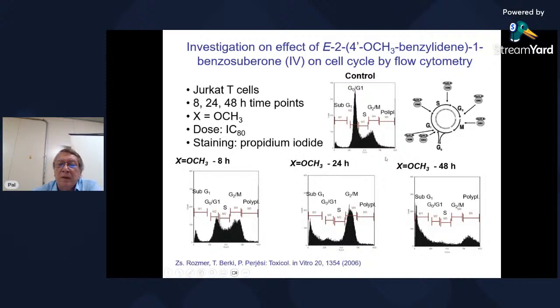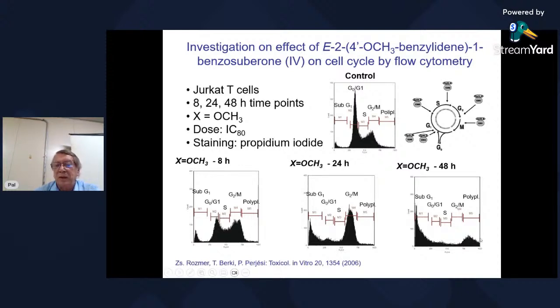After the 40-hour treatment, the G2M phase cells practically disappeared, and sub-G1 cells and polyploid cells were found, which showed that the separation of the two daughter cells was not perfect.